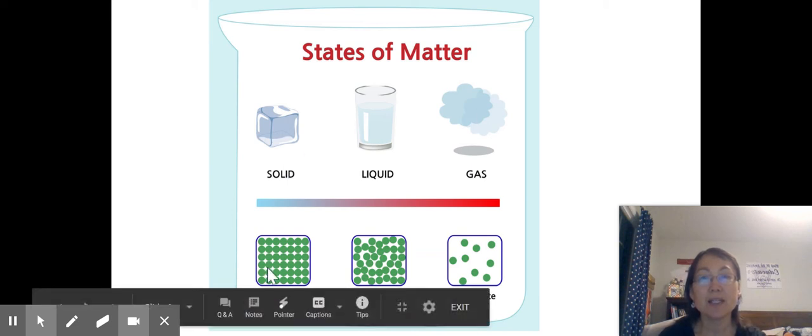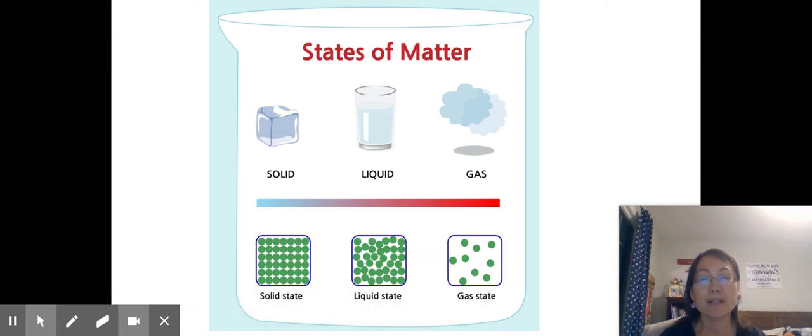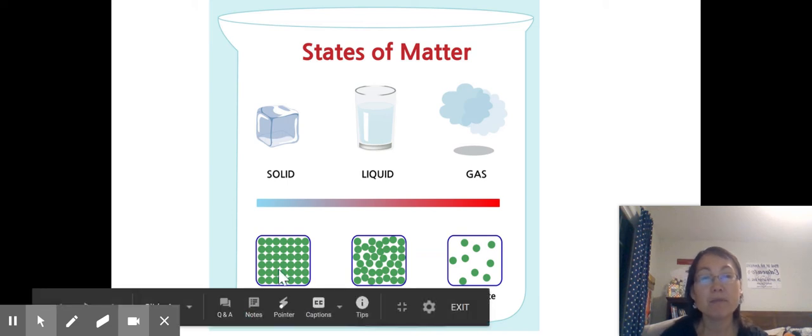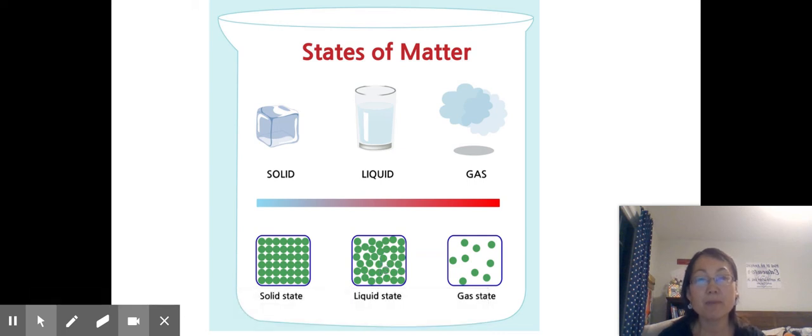For any solid, the atoms are packed together in a fixed shape, and they're vibrating in a very slow motion. So the kinetic energy for a solid is very low. For a liquid, the atoms or molecules are moving around at a higher speed than in a solid, so it has more kinetic energy.